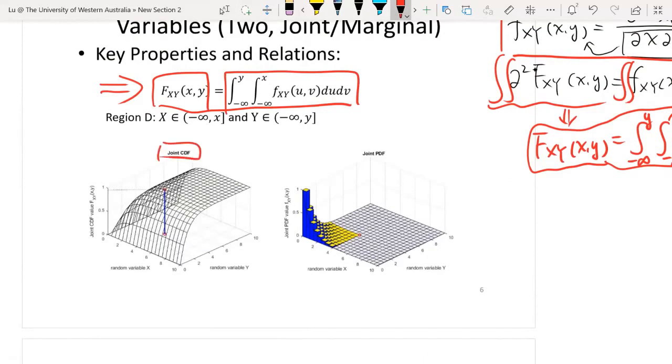The right-hand side one is the double integration of the joint PDF, which is given here. Let's have a look at the relationship between each other. On the left-hand side, regarding the joint CDF, this fxy of x, y indicates a single value of the joint CDF at the given point x and y.